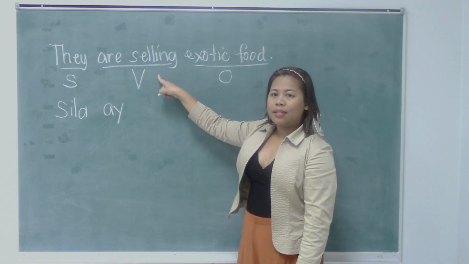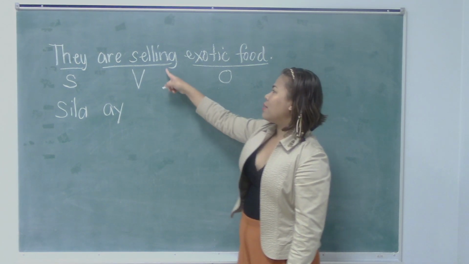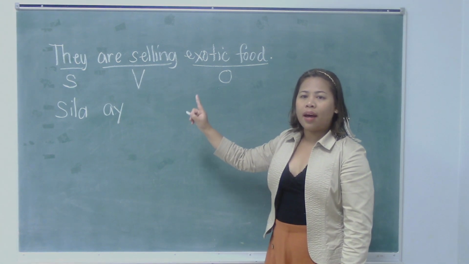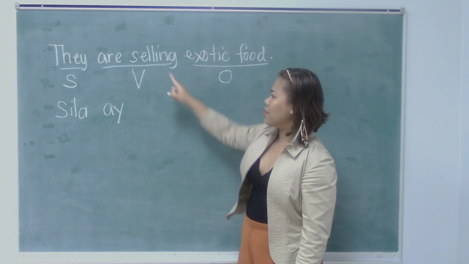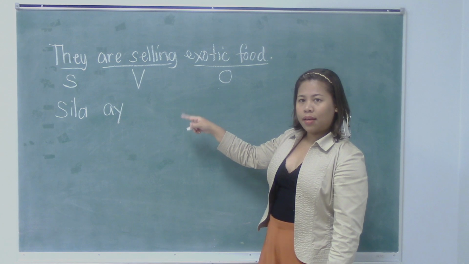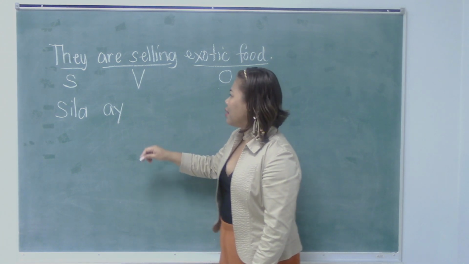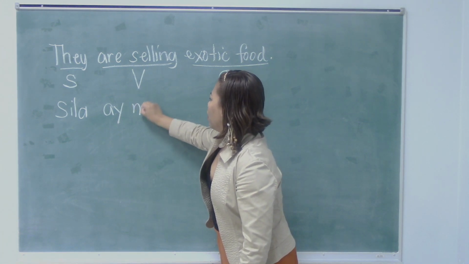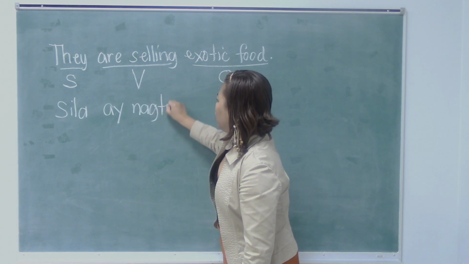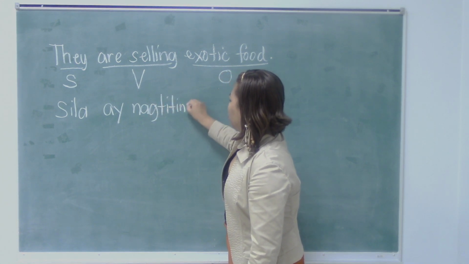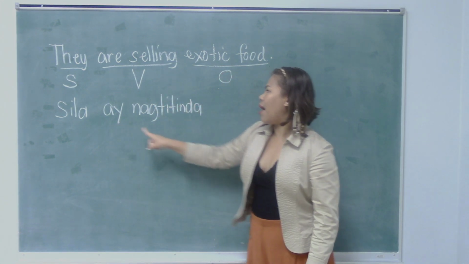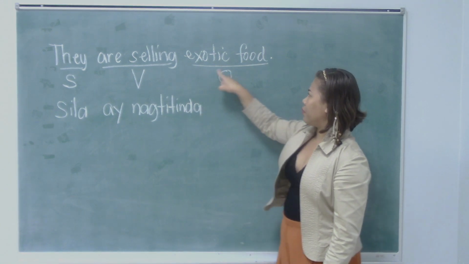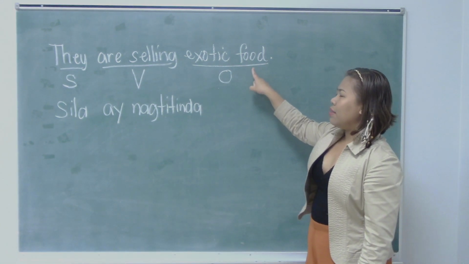Selling is in the present tense, so sell means tinda, to sell. So it's tinda. Selling is in present tense, so it's nagtitinda. Sila ay nagtitinda. And then our object would be the exotic food.